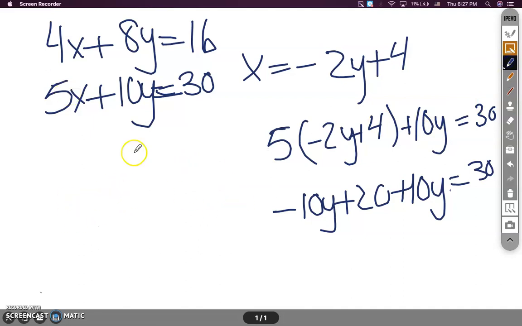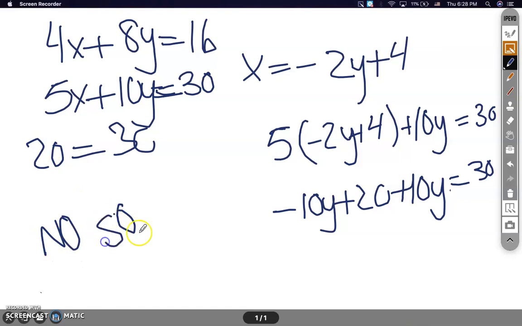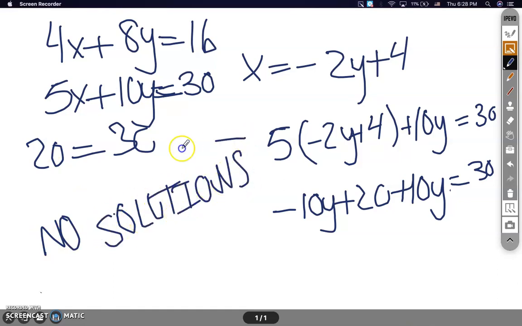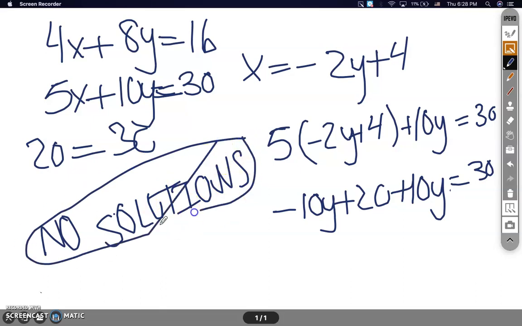With that, I'm going to combine my like terms, so I just get 0. Right, so I just get 20 equal to 30. That means this particular system of linear equations does not have any solution. So the answer you would write is no solutions. If you get something like that, it's no solutions because I have no variable, right?